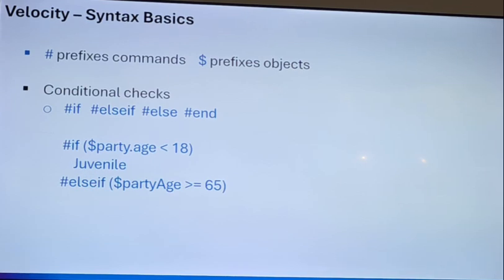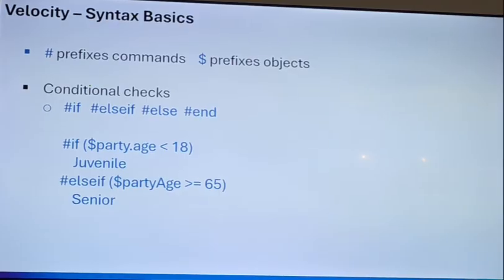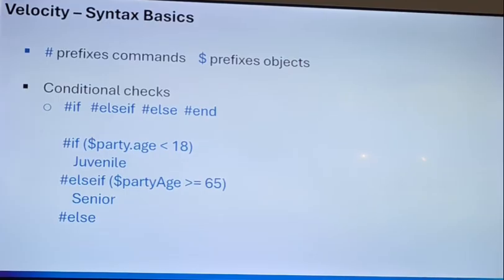Again, inside the brackets, it has to evaluate to a true or false expression. I want to print out the word senior. Now remember, I'm grouping by 3 categories: juvenile, adult, and senior. I've now catered for 2 of those, so I don't need to do an else if check on the third one. I can just do else, because if I haven't met the first one and I haven't met the second one, I'm definitely going to be hitting the third one.